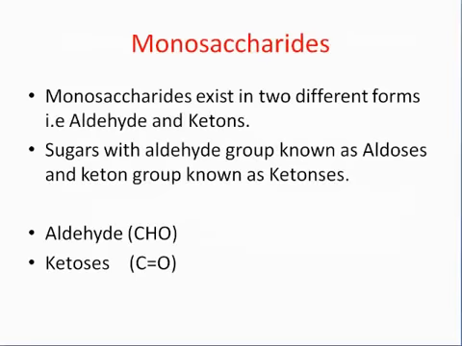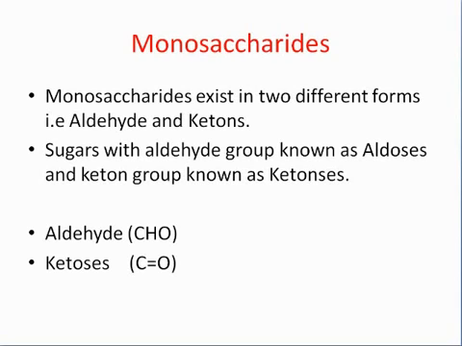Now, let us study in detail about monosaccharides. I already mentioned this in the beginning, when we studied the definition of carbohydrates. Let's review again. The carbohydrates are polyhydroxyaldehydes or ketones or compounds which produce them on hydrolysis.